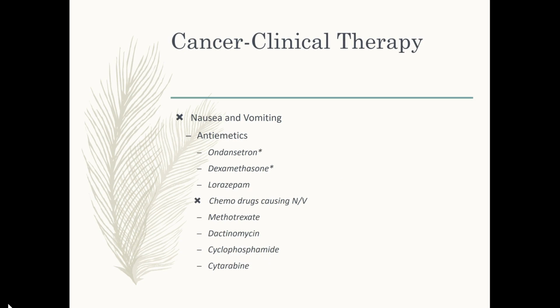Again, for nausea and vomiting, here are the medicines that you can give. Zofran obviously is the most common, and it is usually scheduled 30 minutes before that dose of chemo, and then it's probably scheduled continuously throughout their chemo doses. Dexamethasone is a steroid, but it does have antiemetic effects.